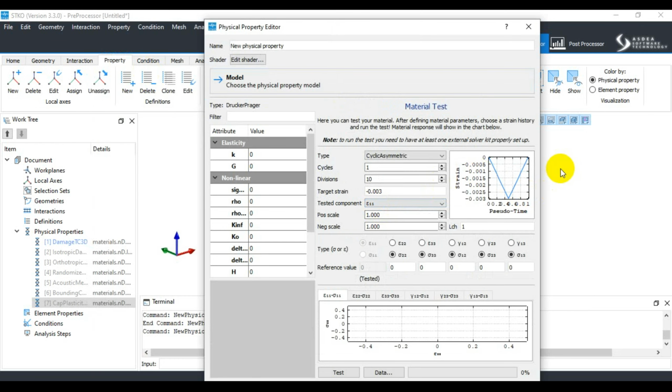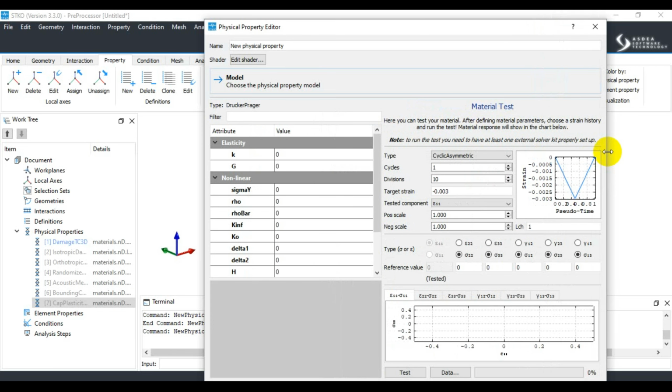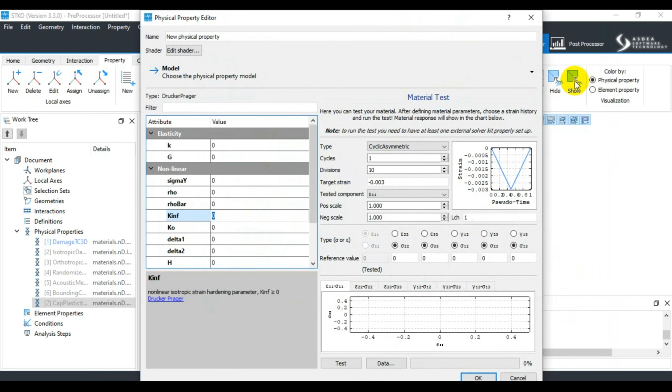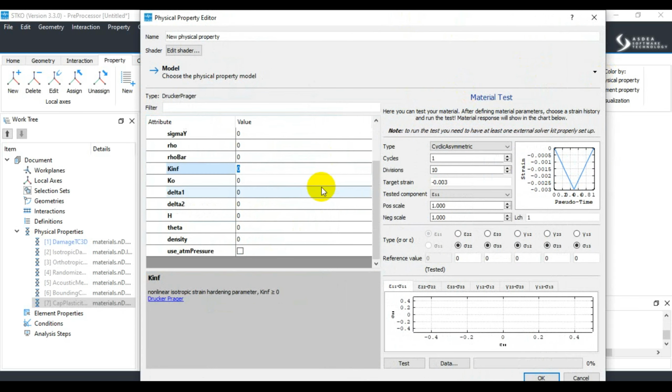So I will try to consider these parameters in a separate video discussion. And this Drucker-Prager model is used both in concrete modeling and soil modeling behaviors.